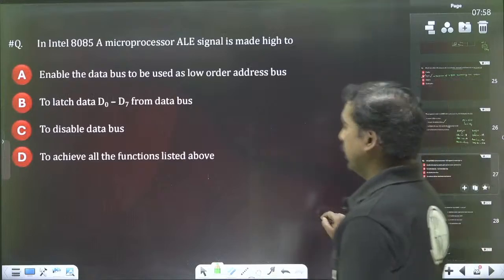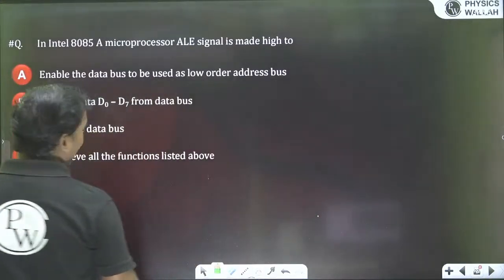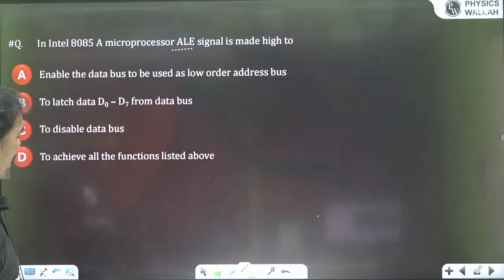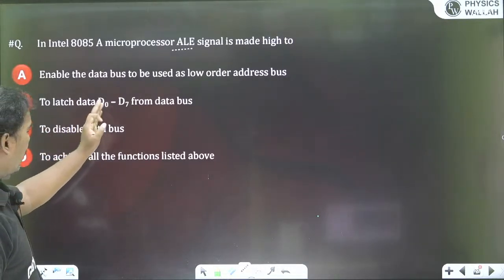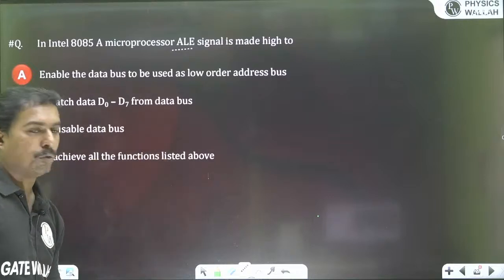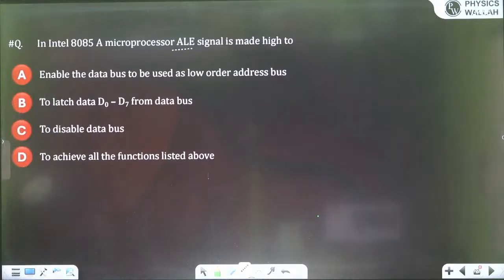Intel 8085 microprocessor ALE signal is made high to enable the data bus to be used as lower order address bus, to latch data D0 to D7 from data bus, to disable data bus, or to achieve all the functions listed above. What is the right answer?